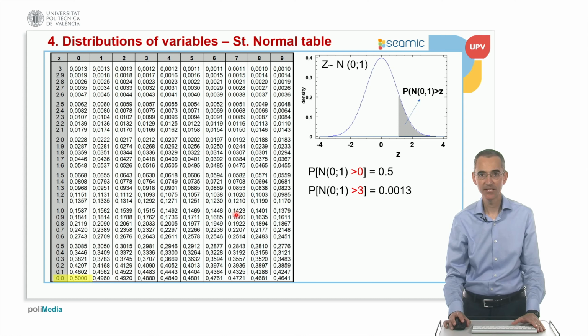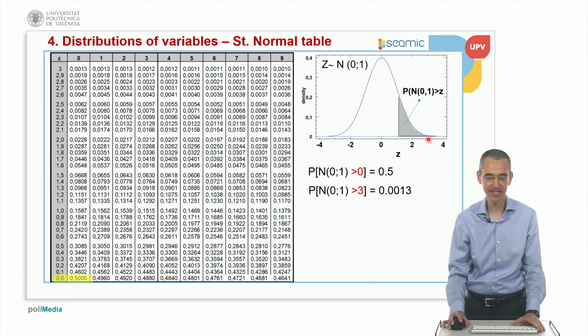Another question is, what is the probability that this distribution is bigger than 3? We can see here that this probability is really small. And if we go here to the value 3, we can read a very small value, which is 0.0013. Okay, and then what is the probability to be bigger than 6?